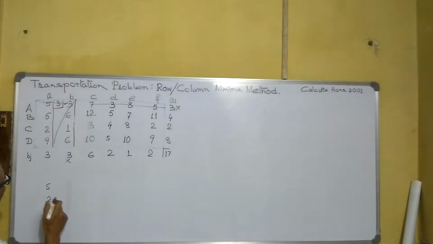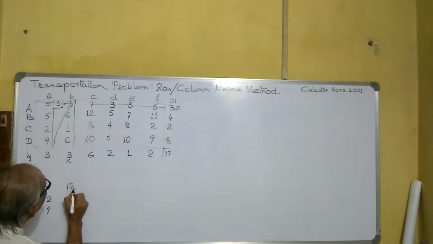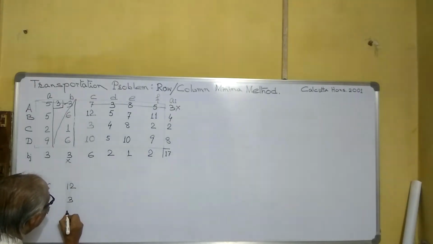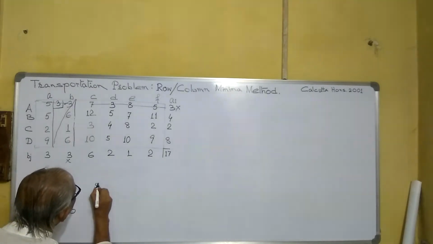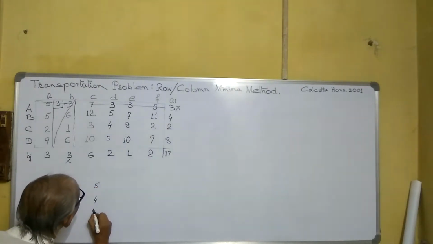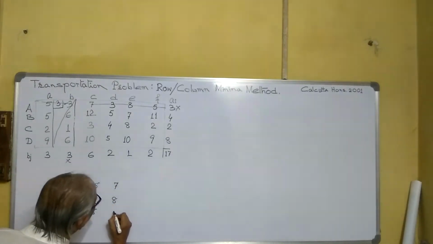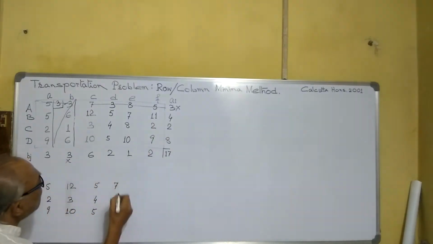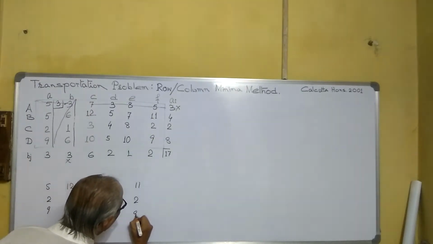So 5 to 9, then 12, 3, 10. 5, 4, 5, 7, 8, 10. And here is 11 to 9.